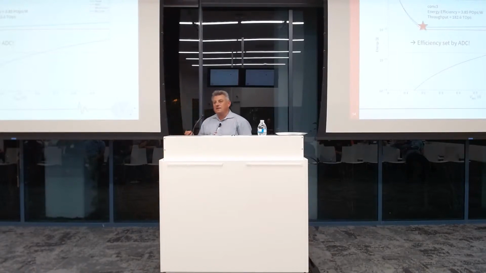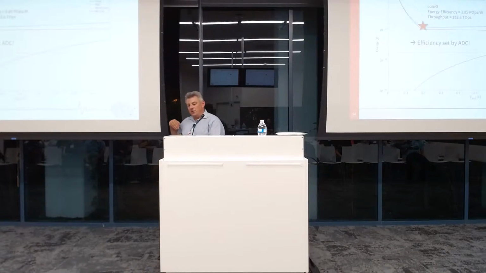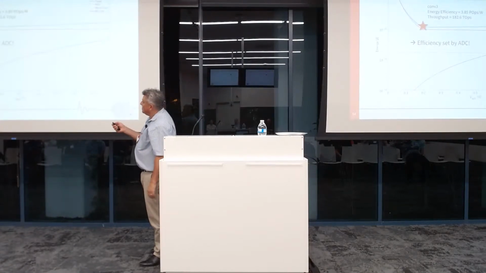And the reason for this is very simple. We have a few thousand of these rows that amortize the ADC, so that energy gets divided to a very small number. Each cell is very small. It just holds fractions of femtofarads of caps spatially per operation. But everything gets amortized by the sheer number of parallel operations. And that gets you to this number.